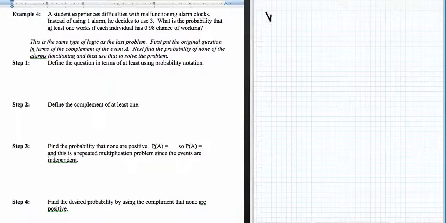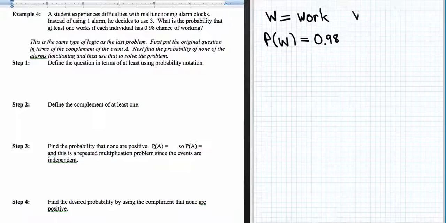So this is going to end up being just like that last problem that we worked. The probability of working is equal to 0.98, and the not working is going to be the complement of that.